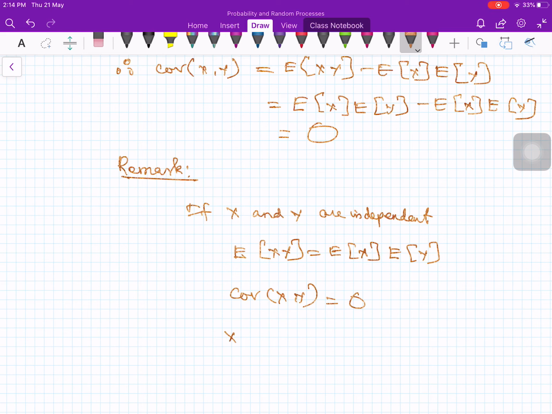Thus, if x and y are independent, then they are uncorrelated.